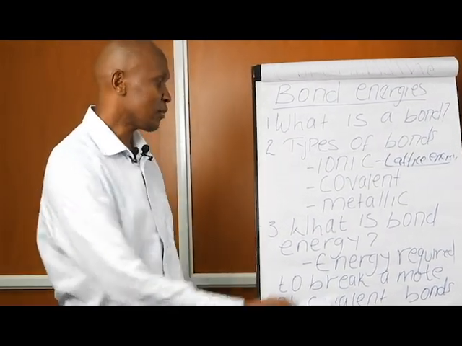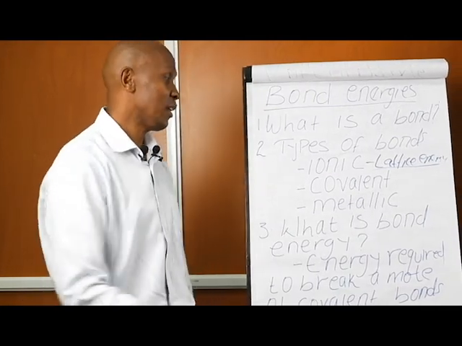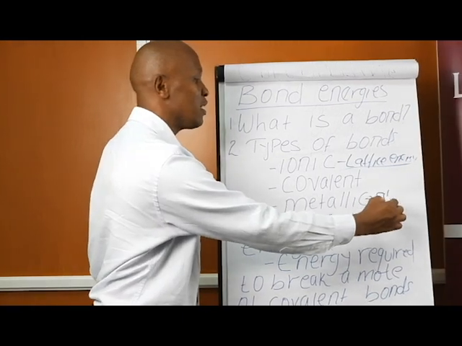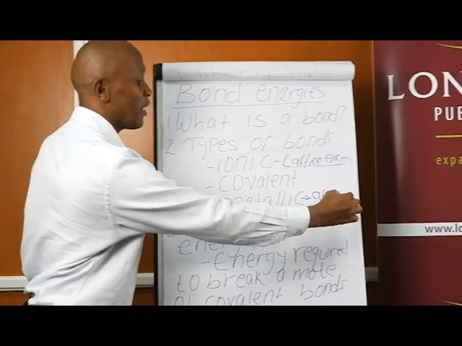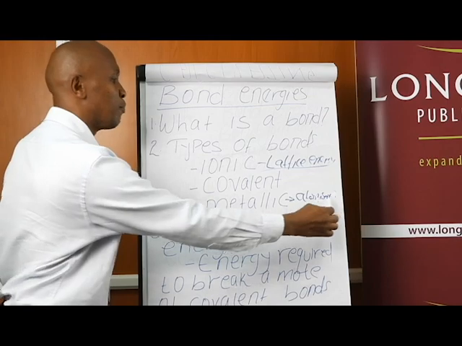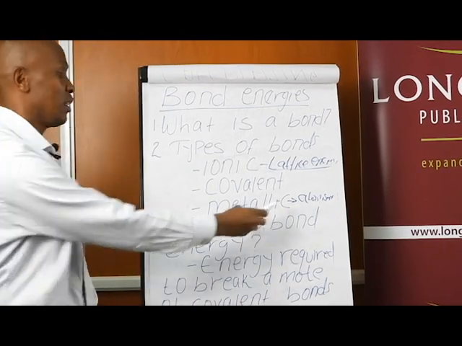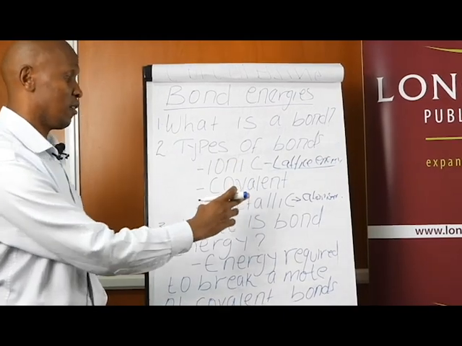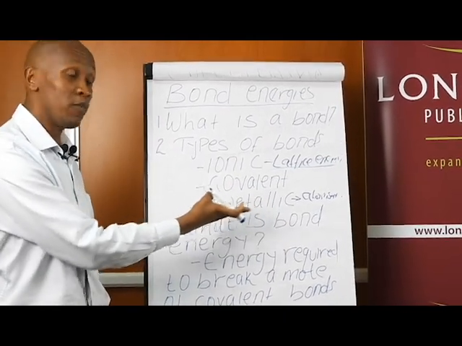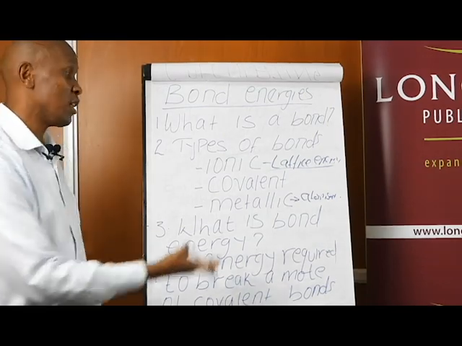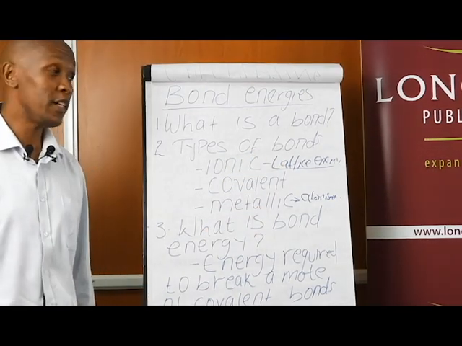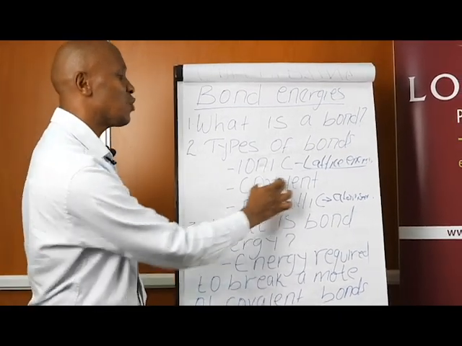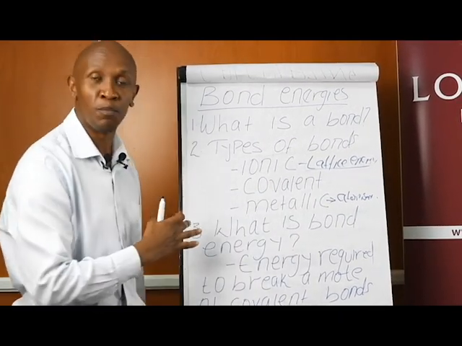For metallic bonds, we shall come up with the term atomization, or sublimation energy. As far as thermochemistry is concerned, the energies involved in metallic bonds shall be called atomization, and the energies involved in ionic bonds shall be called lattice energy. So specifically, we are interested in covalent bonds.